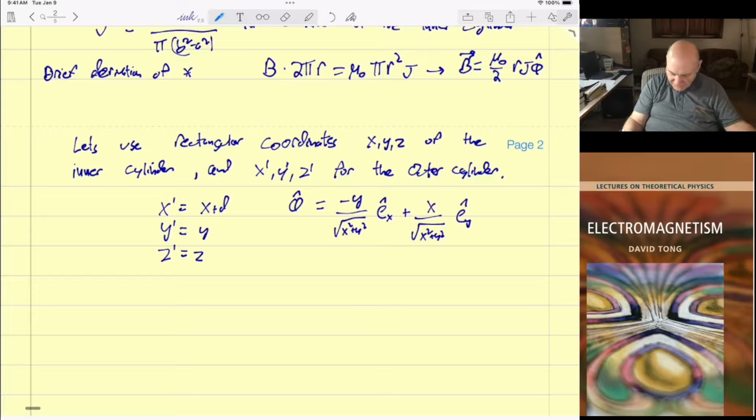If you don't remember this, the easy way is a quick check. Let's say we're at a polar coordinate r comma theta equals 0, on a circle at this point. We know phi is that way, so we should get e_y for the unit vector.